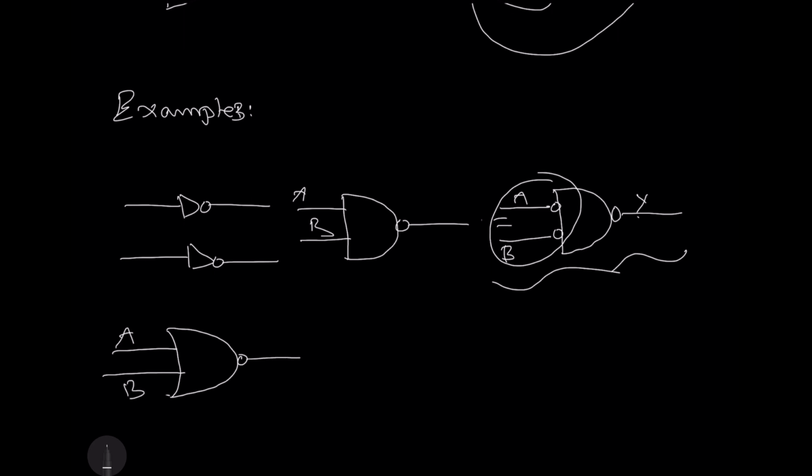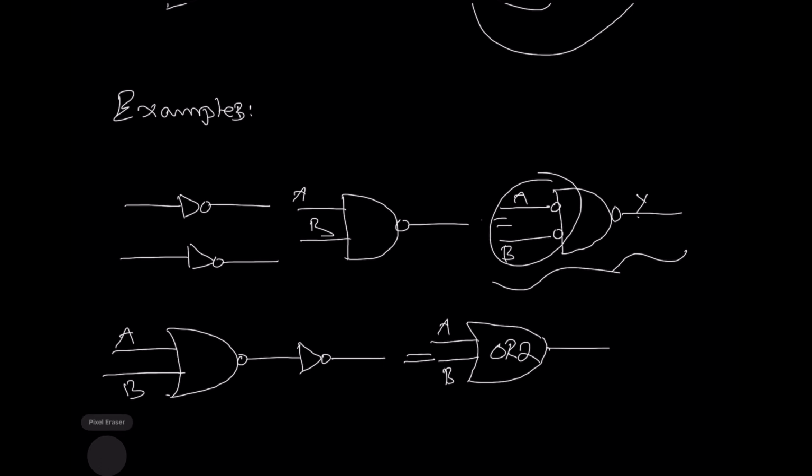Okay, A and B, but we still have this inverter right there, and this bubble and this bubble will cancel out. So this will be A or B, so that will become an OR 2 gate. So this is actually an OR 2 gate.